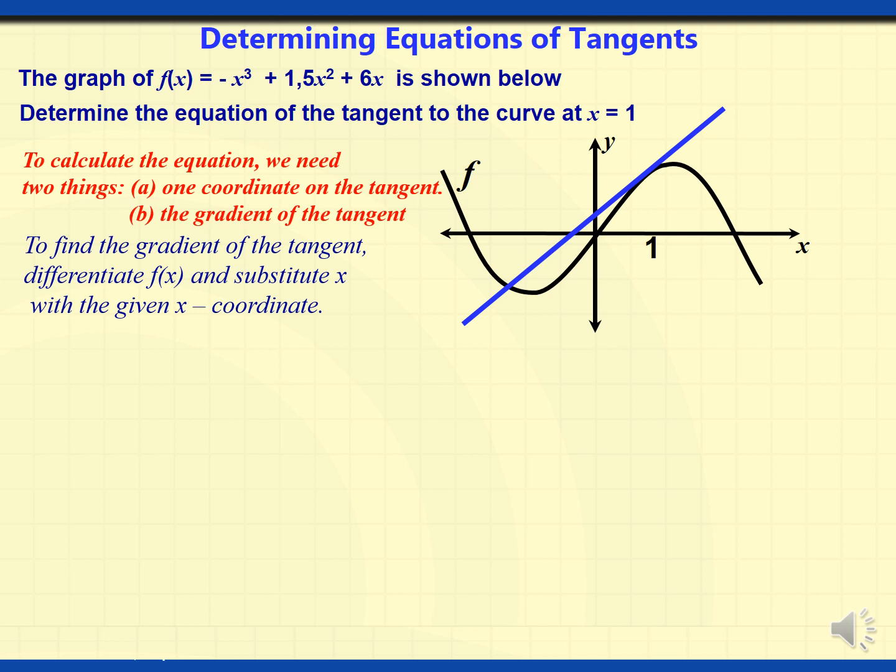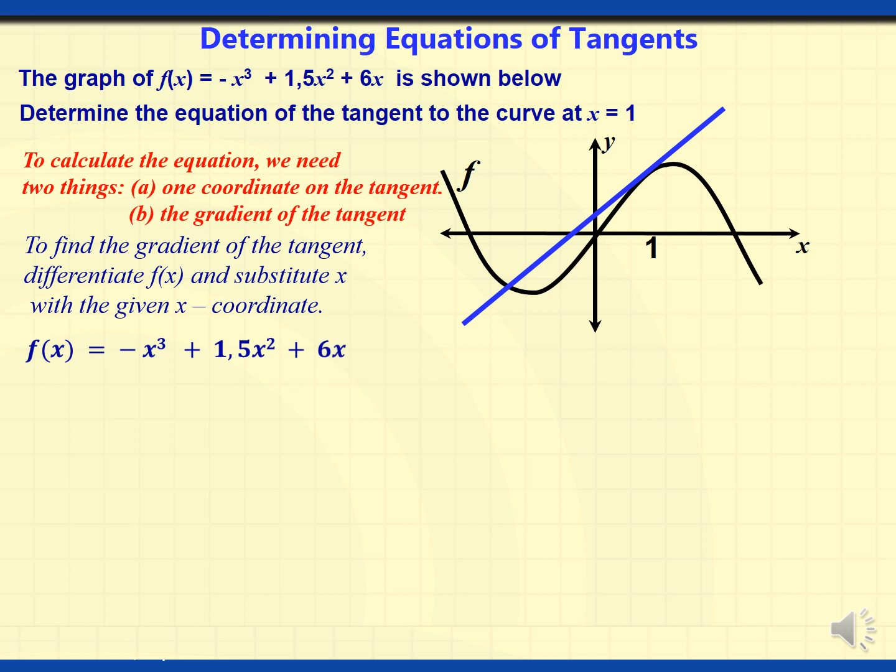So we use the derivative of the equation given. So we differentiate that equation. After differentiating it, we then find the specific gradient that we need by substituting x with the x coordinate at which the tangent is touching the curve.